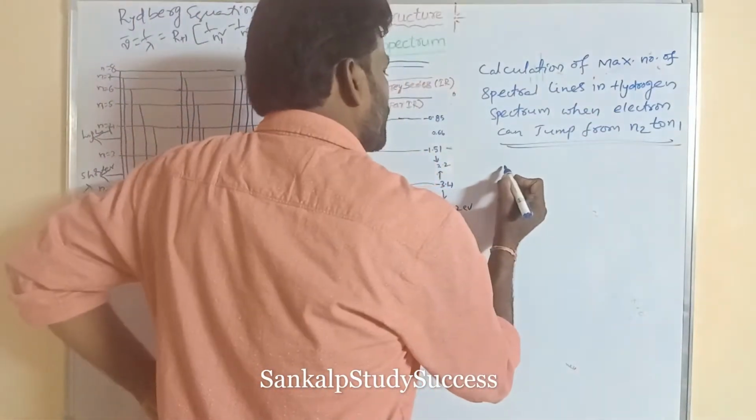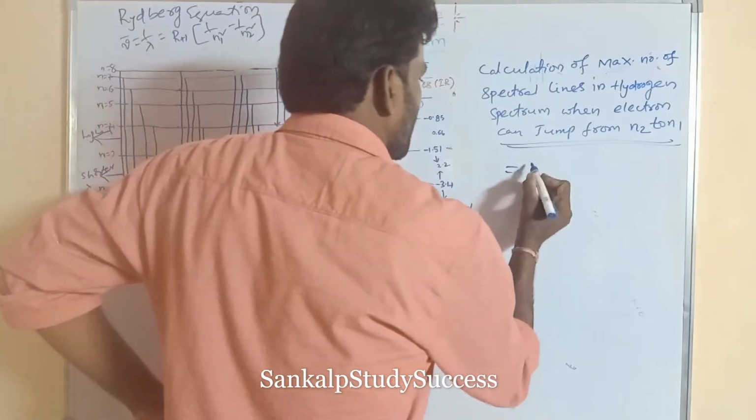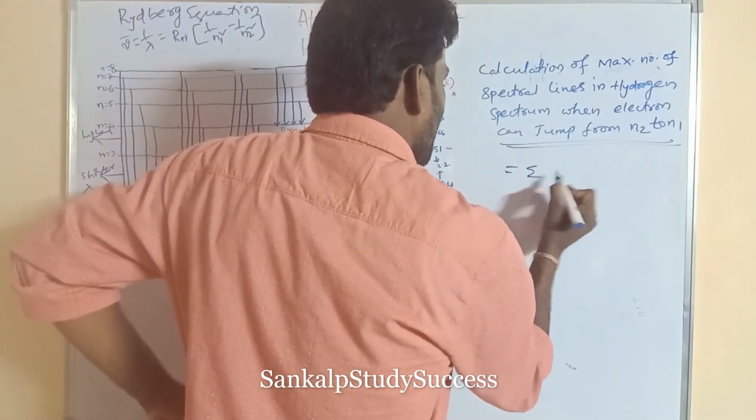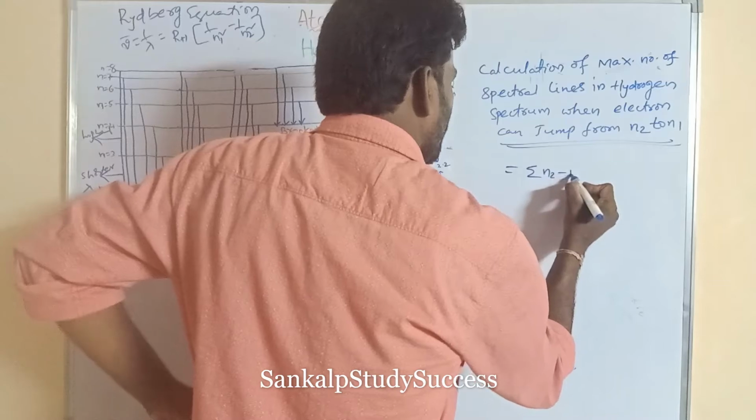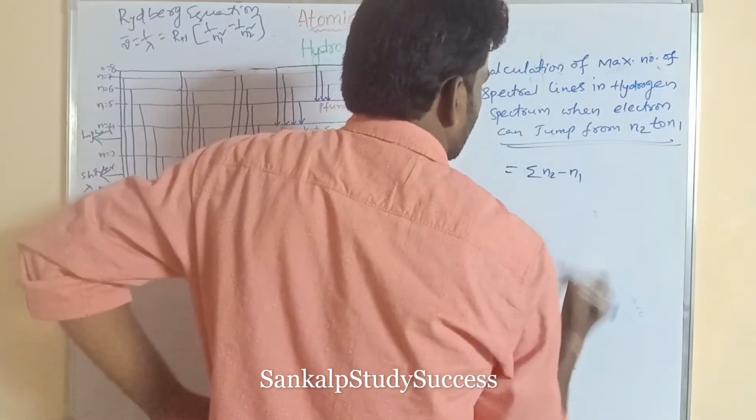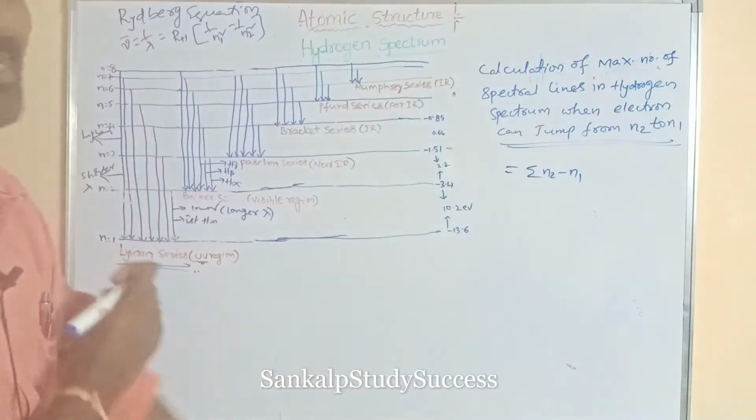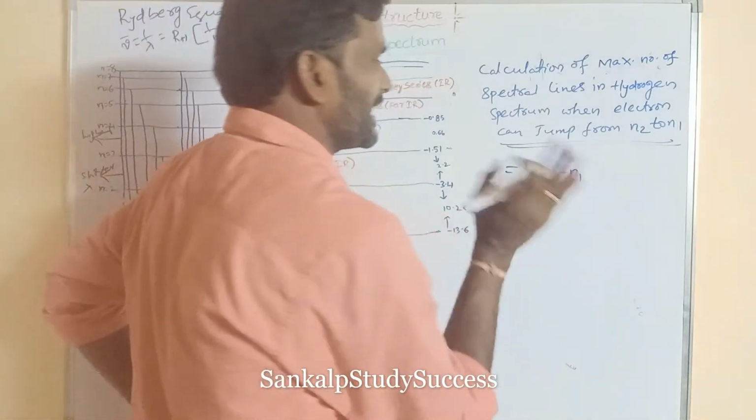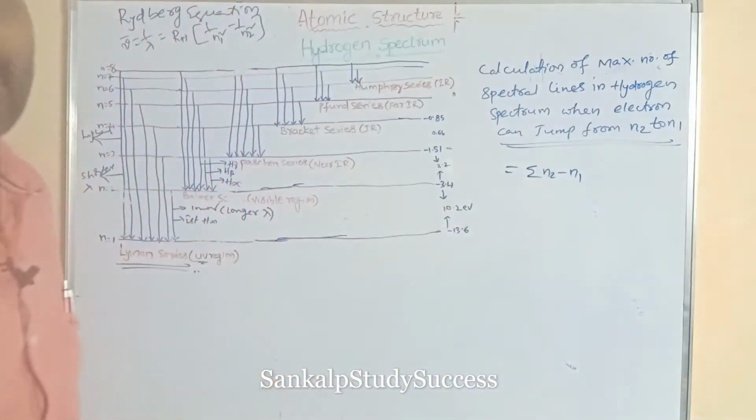The maximum number of spectral lines is equal to sigma (n2 minus n1), where n2 is the higher energy level and n1 is the lower energy level.